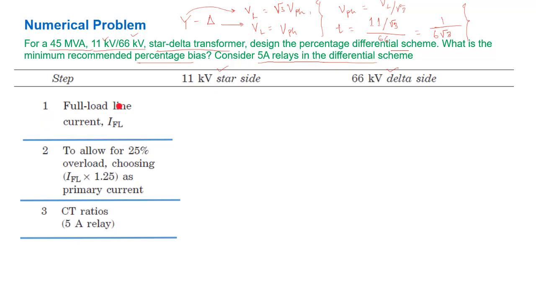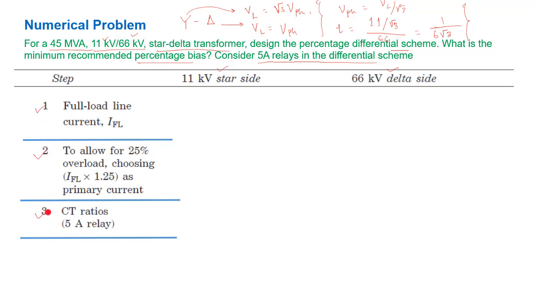Step 1 is to find the full load line current. Then find the overload condition of 25% as the primary current, because we take IFL in order to set the relay setting. So, we need this kind of overloading condition, right.